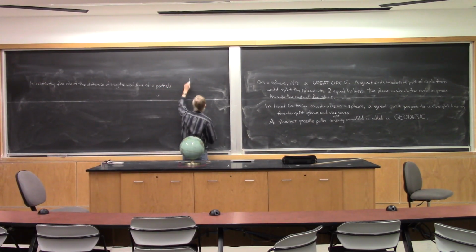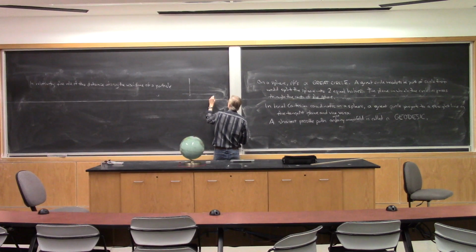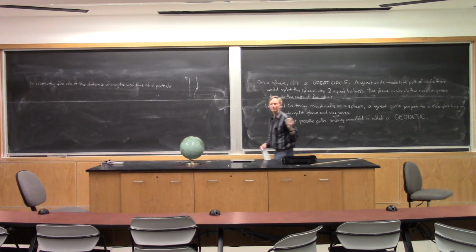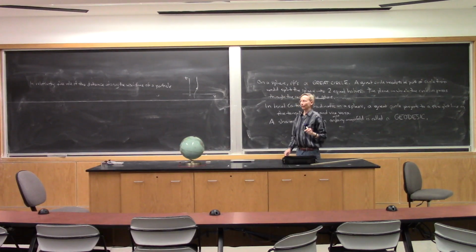Remember that the world line is its space-time trajectory, if you will. So that's a world line of a particle in space-time. If the particle is moving at constant speed in a straight line, what does the world line look like? Then it's just a straight line between events, right?